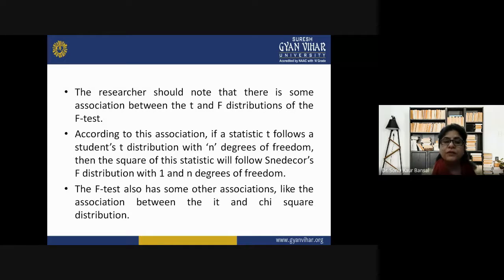According to this association, if a statistic t follows a Student's t distribution with n degrees of freedom, then the square of this statistic will follow Snedecor's F distribution with 1 and n degrees of freedom. The F-test also has some other association, like the association between it and the chi-square distribution.